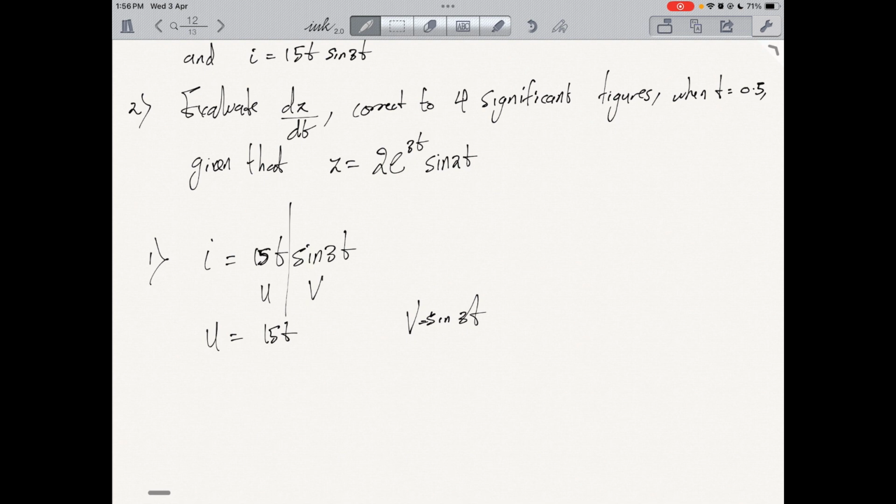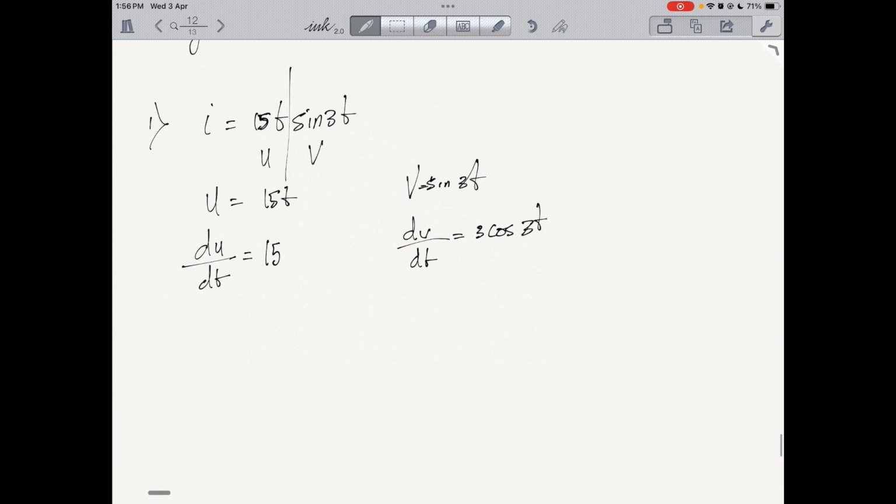Since we have the variable t, we are no longer going to be considering du/dx, but now we'll be considering du/dt and dv/dt. Now du/dt of 15t is 15, and dv/dt, applying the sine rule, is 3 cos 3t.